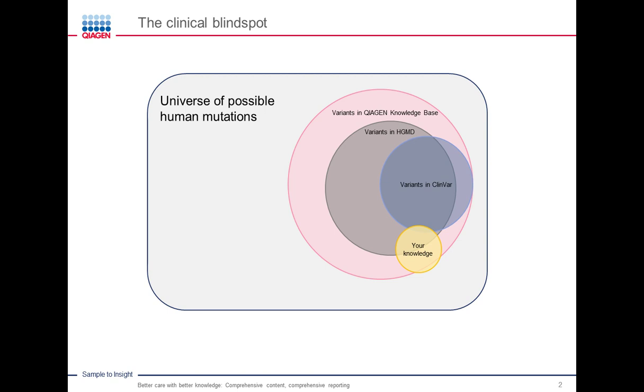So when we take a look at the breadth of coverage, currently our knowledge base has knowledge on variants across over 18,000 genes in the human genome. That represents close to 90% of the human genome.